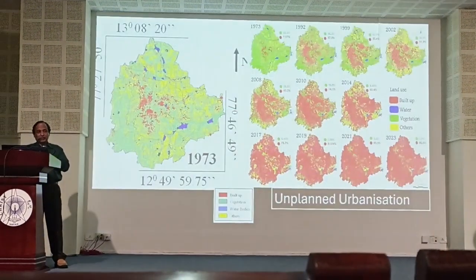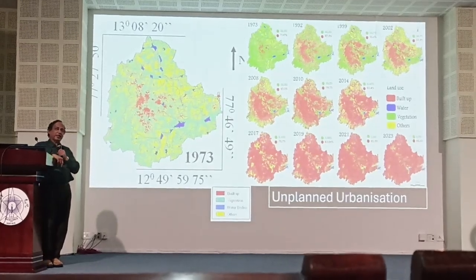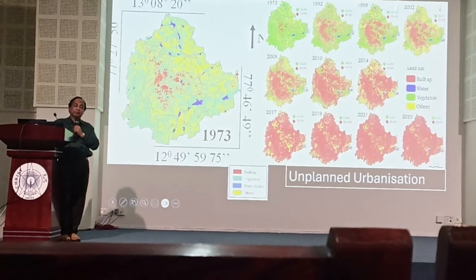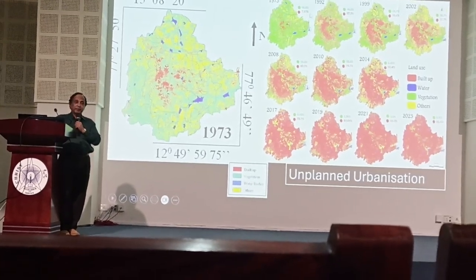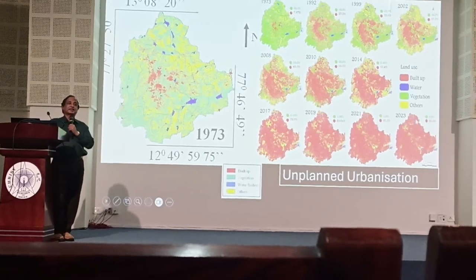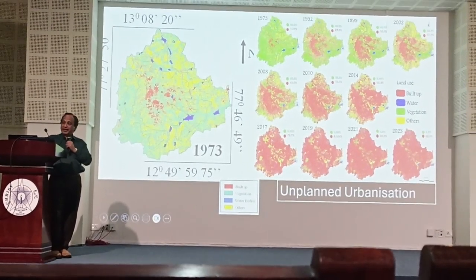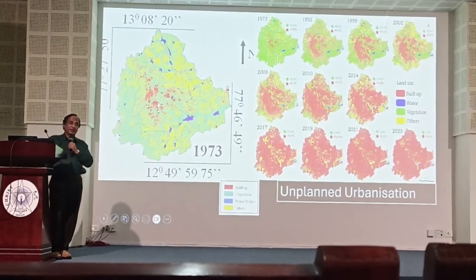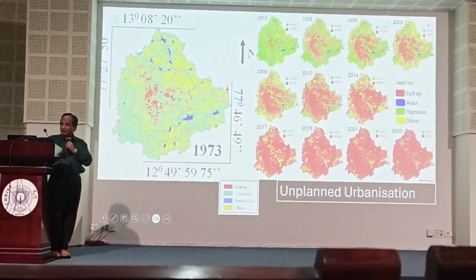Now, look at how Bangalore has changed over a period of time. In 1973, we had 68% green cover and 8% red, or buildings. Today, 86% is red, only buildings. In 1973, when I was quite young, the region was a garden city with 68% green cover.